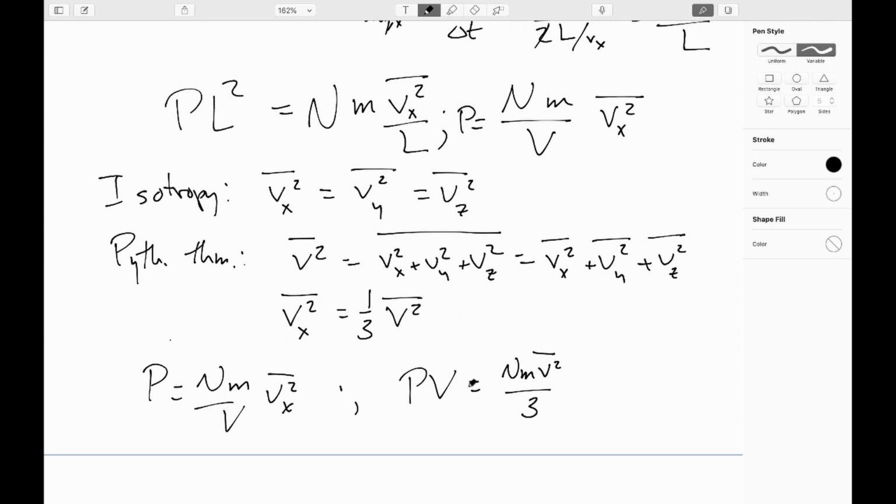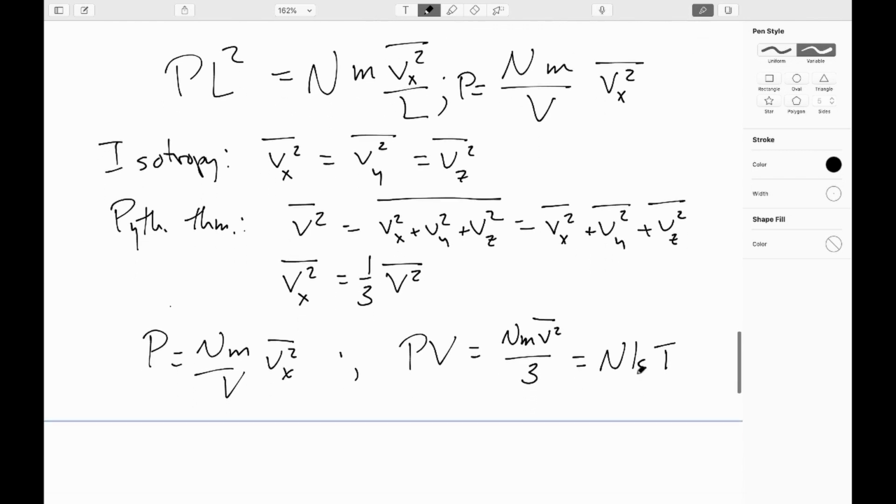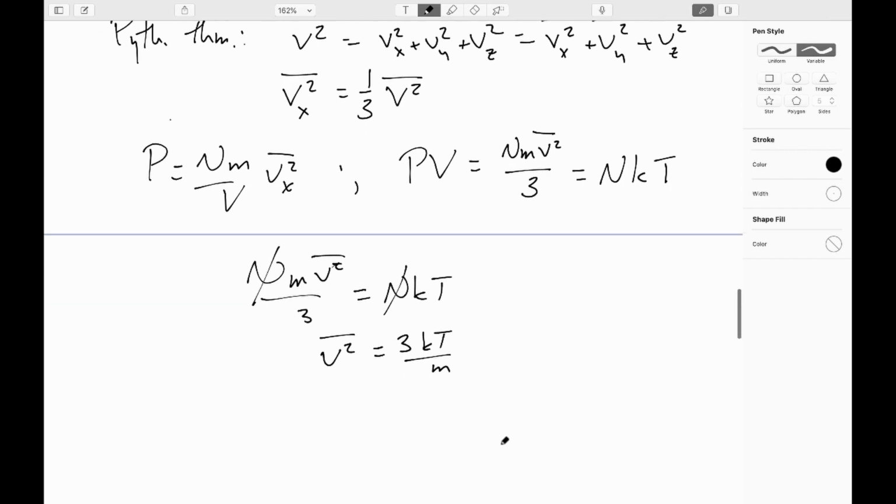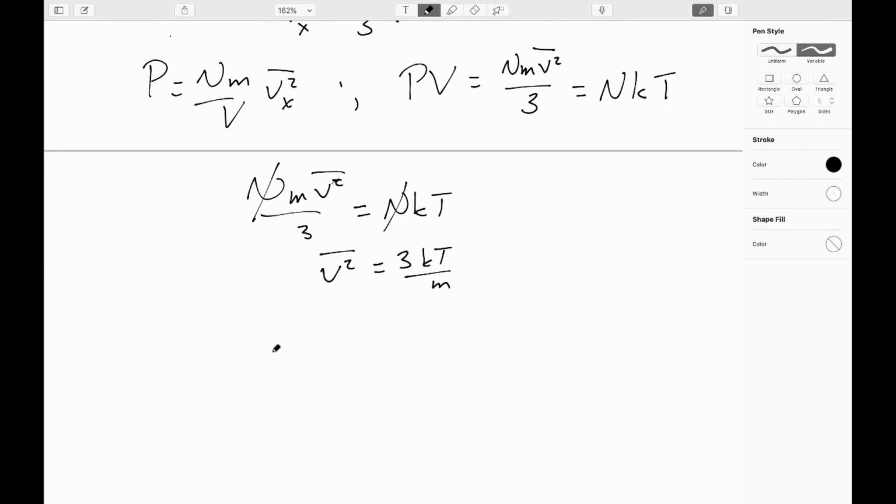But by the ideal gas law, it's also equal to NkT. All right. So I can go ahead and solve this for the average value of V squared. The N's cancel. I get that the average value of V squared is 3kT over m. And to get my RMS speed, I take the square root of both sides.